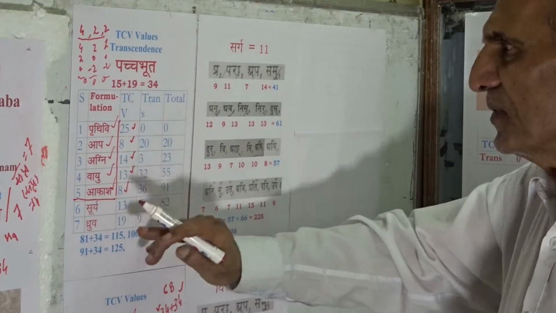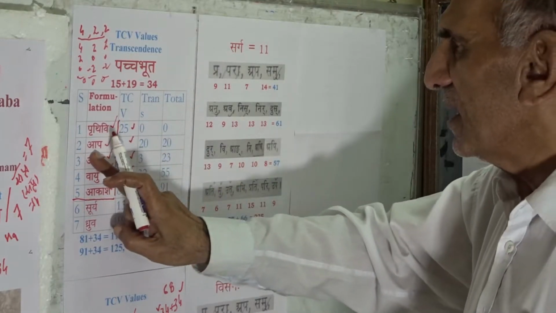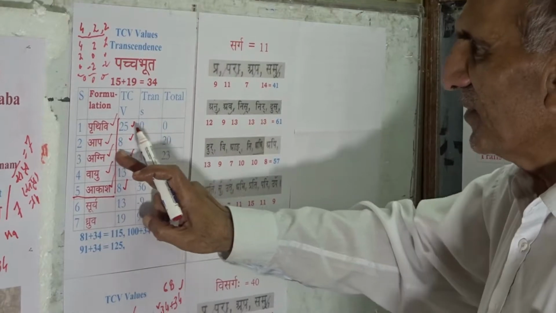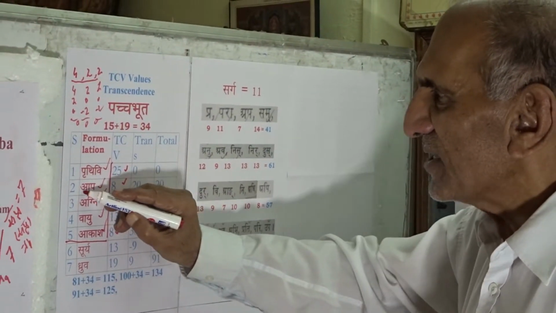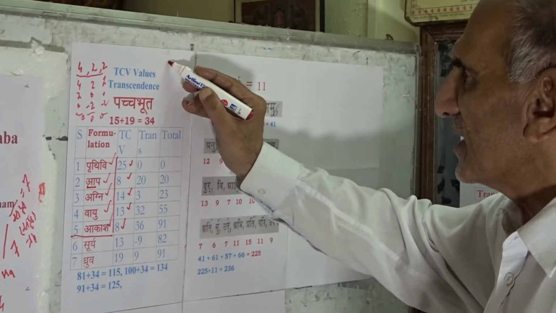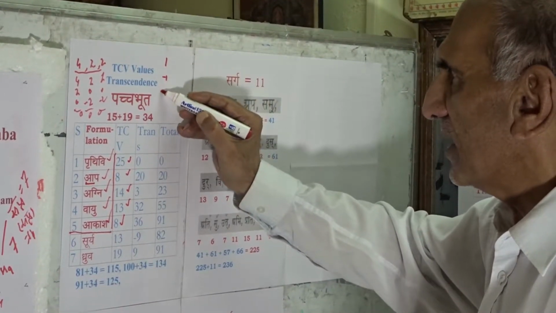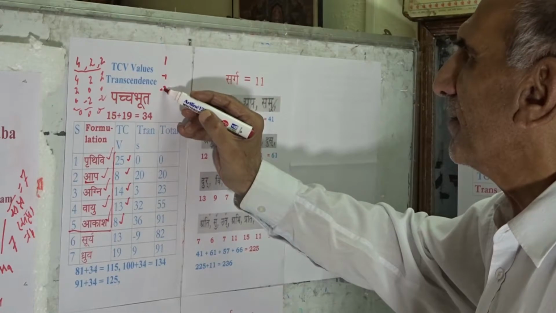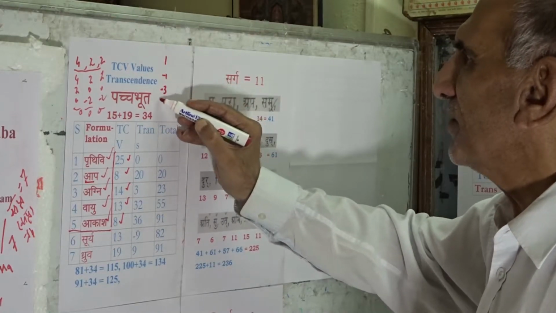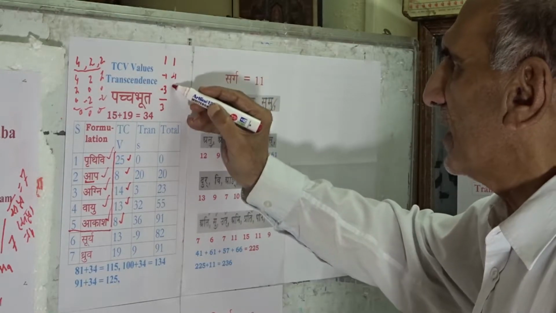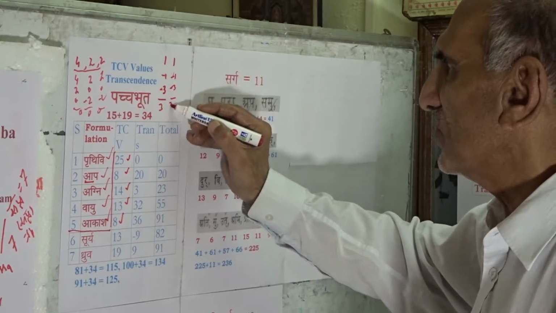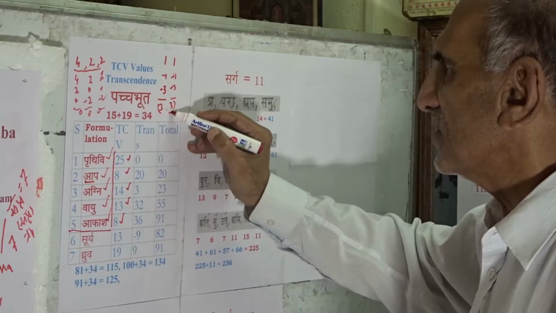Now here the Apa is the formulation which leads us to value 20. As we know, A is taking us to value 1, minus 1 and minus 3, making it value 3. So again, A minus 1 and minus 3 takes us to value 3, and synthesis value is 5.